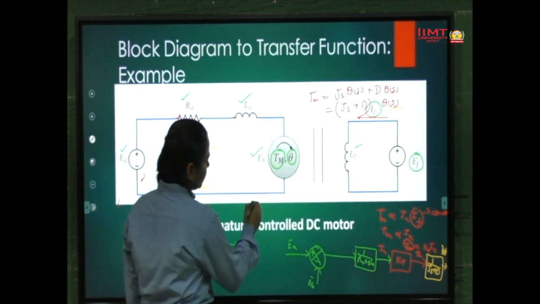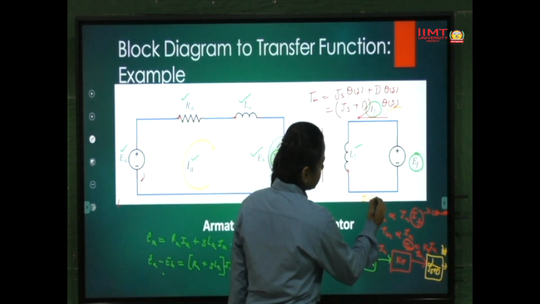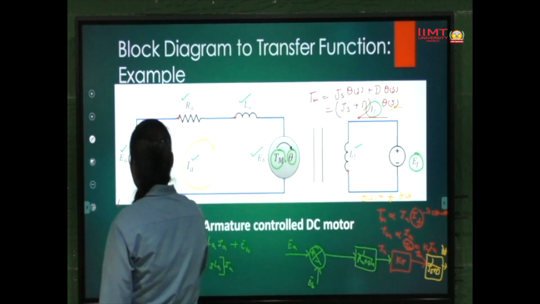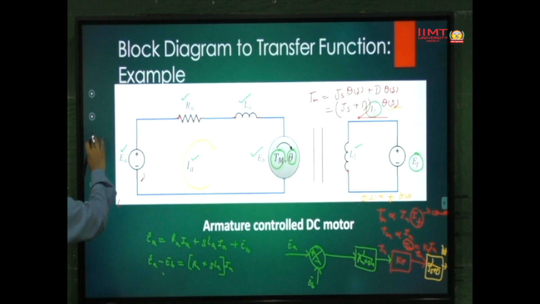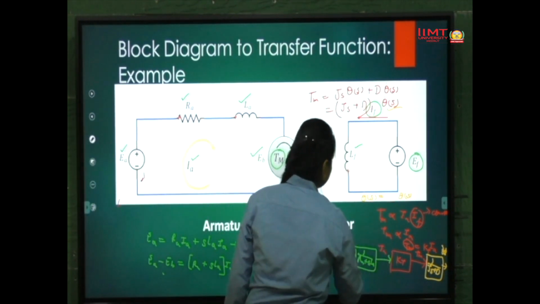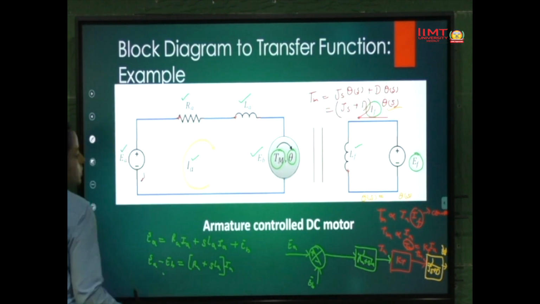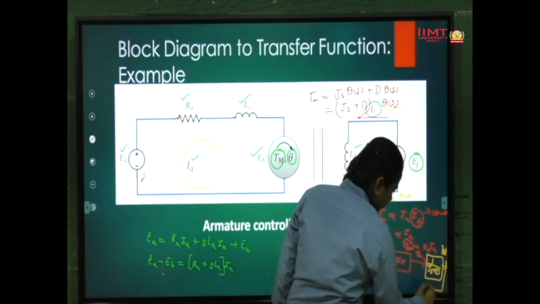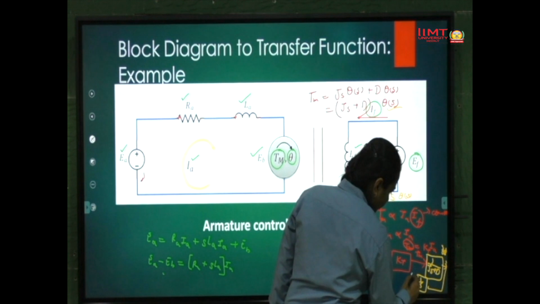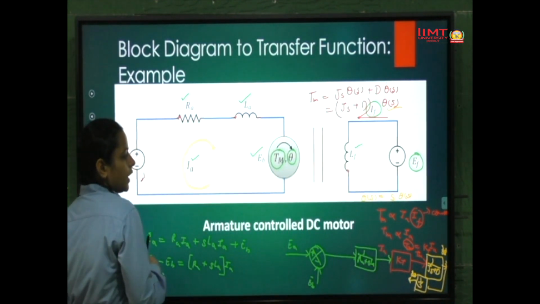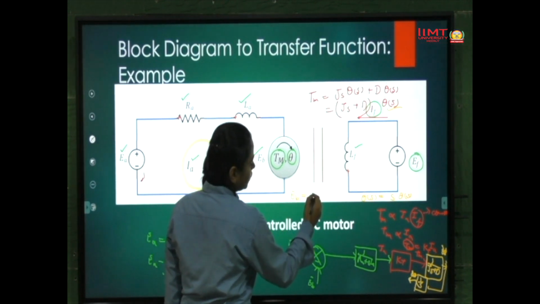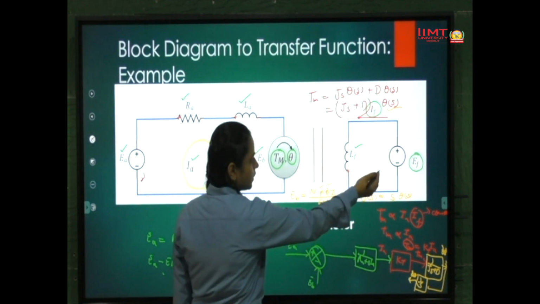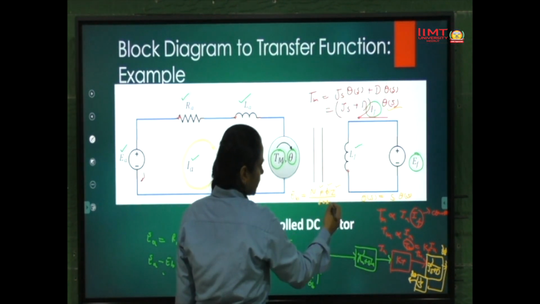Now we know theta dot S is equal to S theta S, so theta dot S is 1 by S times theta S. In block diagram form we have 1 by S and the output is theta S. And we know the back EMF EB is equal to N P phi Z upon 60A, where P is constant, phi is constant as the field current is constant, the number of conductors Z is constant, 60 is constant, and A is constant.